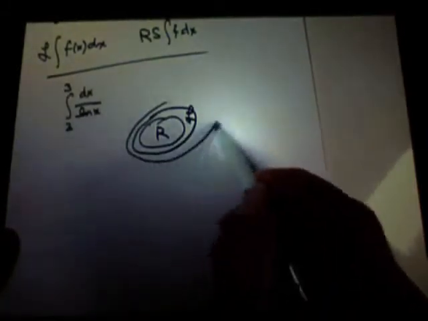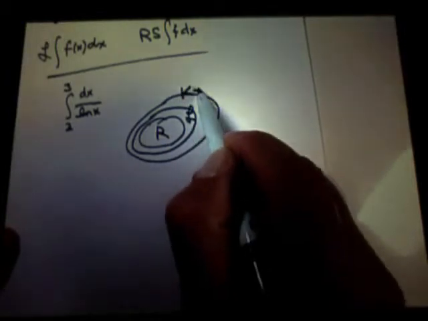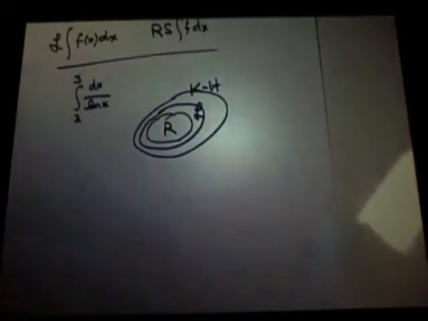And then the Kurzweil-Henstock ones are even a little bit bigger than that. I thought we'd spend maybe next week, if we digest the stuff about at least the Cauchy and Riemann integral definitions, talking about that at some length.